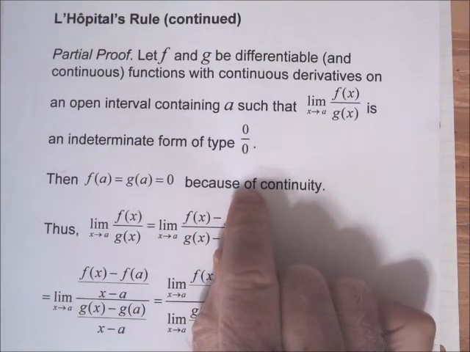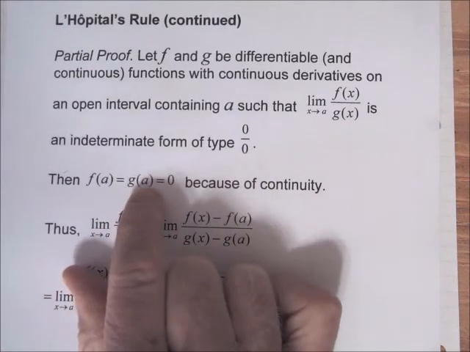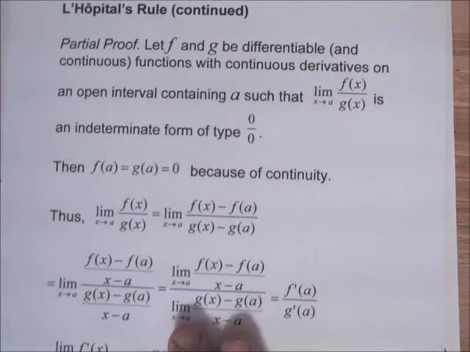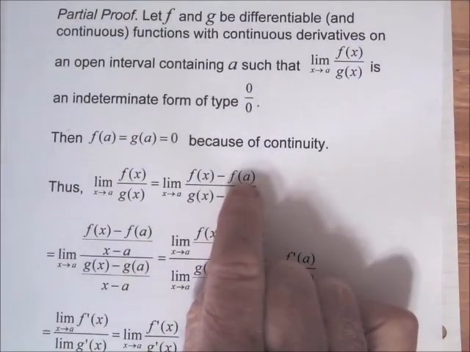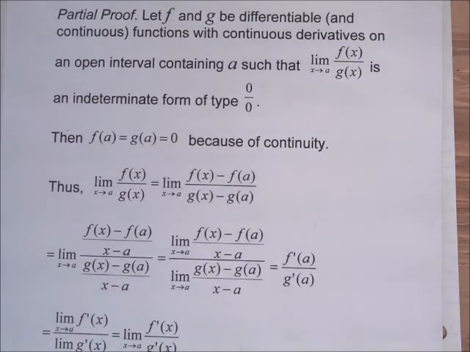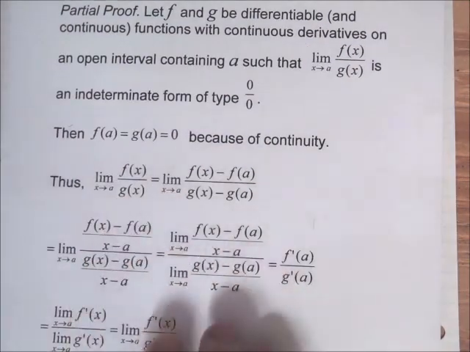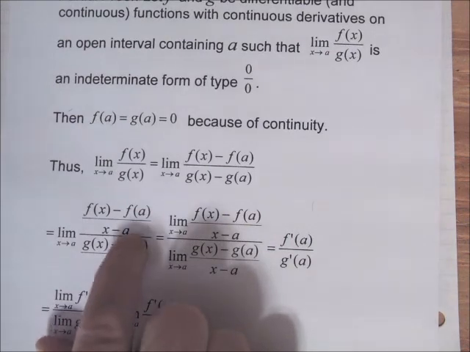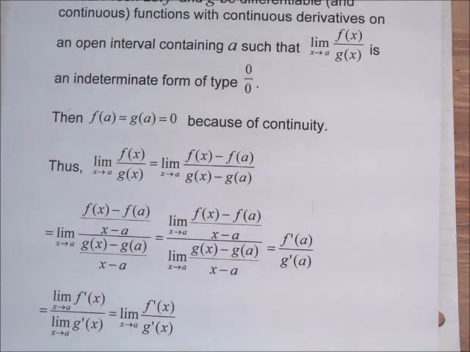Okay, so because of continuity, f of a and g of a are both equal to 0, and so we can subtract f of a and g of a from top and bottom here, and it'll be the same. And then we can also divide by x minus a, as long as x is not equal to a.